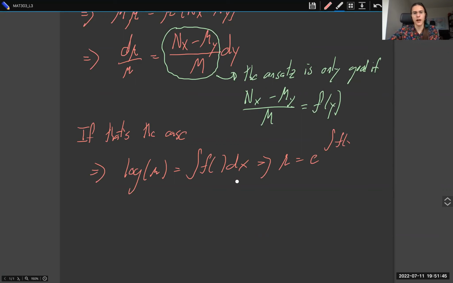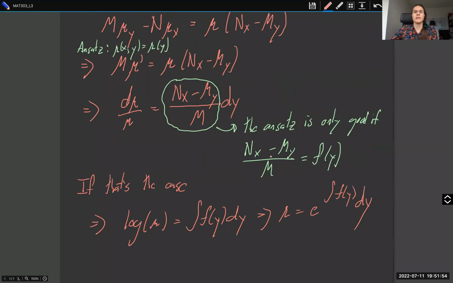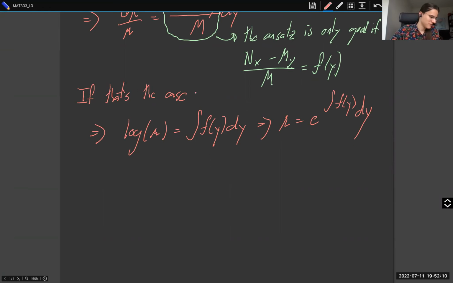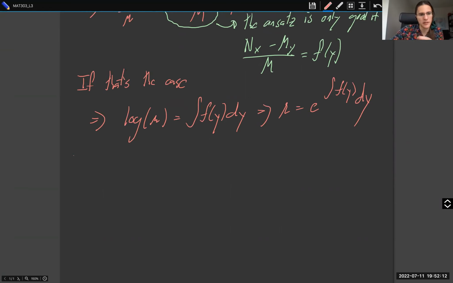This is a function of y. Okay, the exact same thing that we had last time, except for the fact that we're now dividing by m instead of negative n, and we want it to be a function of y. But the point is that you're still computing this difference and then trying to divide it by one of the things. So here's an example.